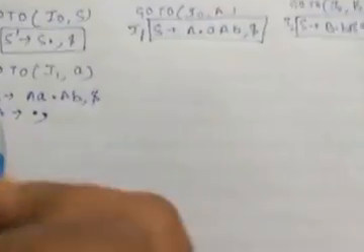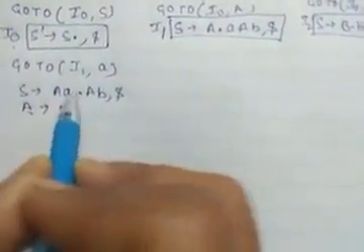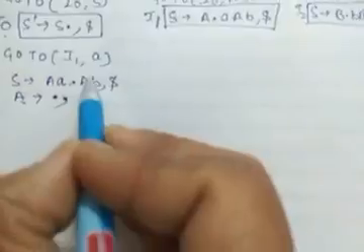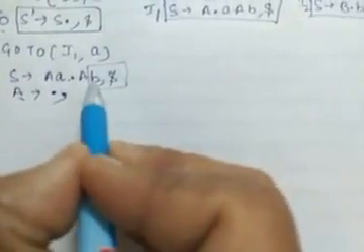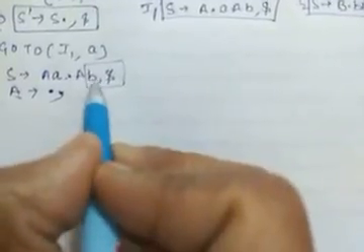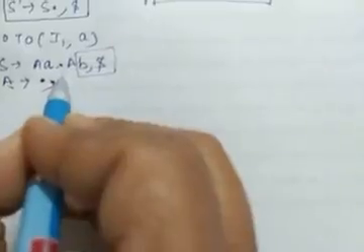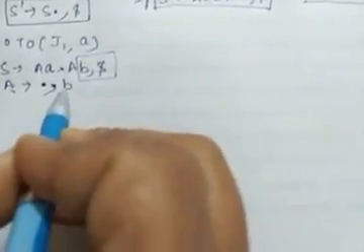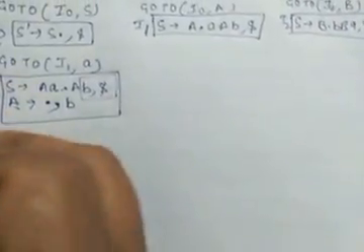Now here we have to find the second element. As this particular production comes from this production, we will find the second element by first of B beta. So here what will first of beta be, B and dollar, so simply B will come. And this state becomes I3.